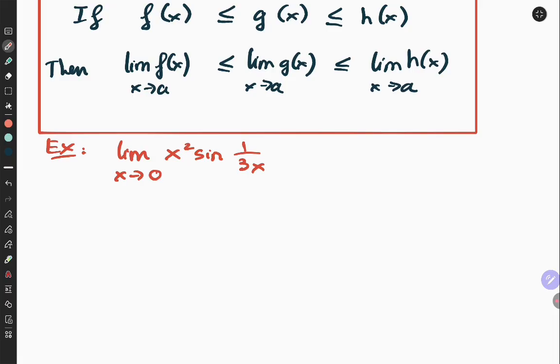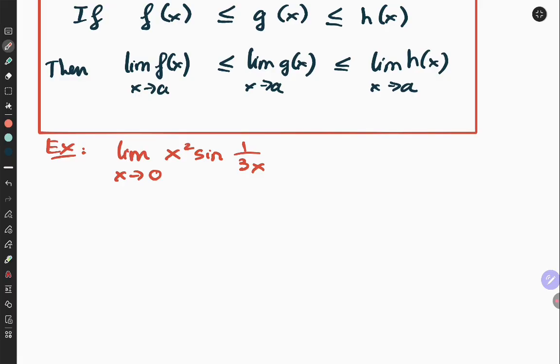The behavior is really unpredictable when it approaches 0, and remember, a limit is about behavior. It's really hard to plot, and really hard to use algebra because 1 over 3x is inside the sine, so you don't have a lot of leeway to play around with it. Finding the limit of this one, right now we don't have enough tools.